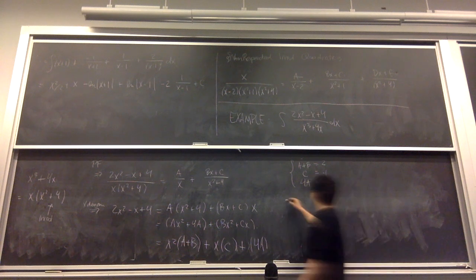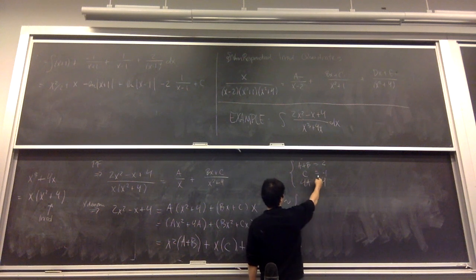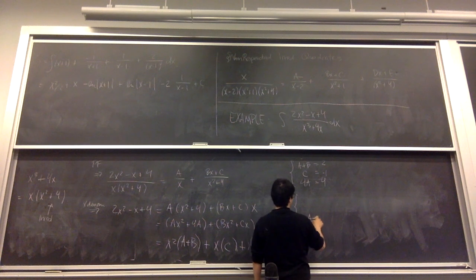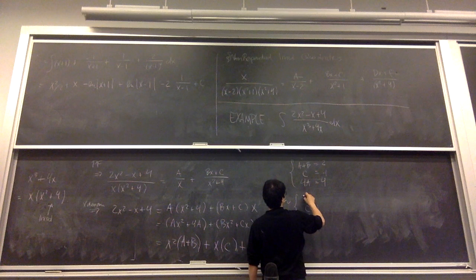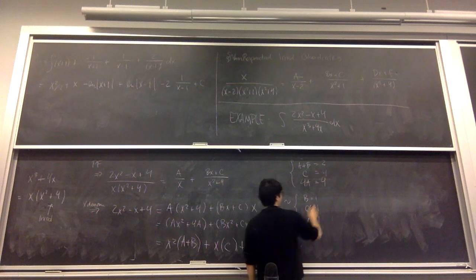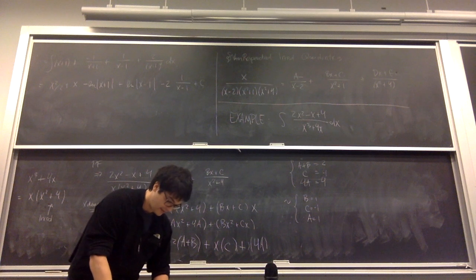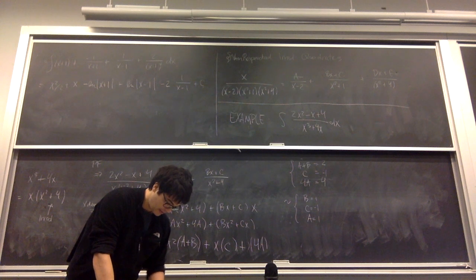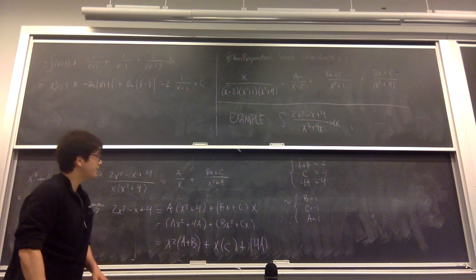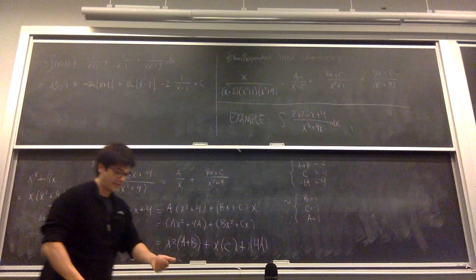Okay, so this one's really easy to solve, right? That means a is 1. C is minus 1. So this means b has to be 1. Yeah? Let's just confirm that's what I get here. a, b, c is 1, 1, minus 1. Okay, that's the same thing I got in the notes.